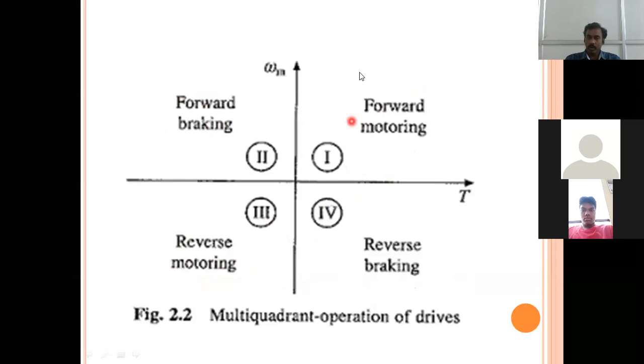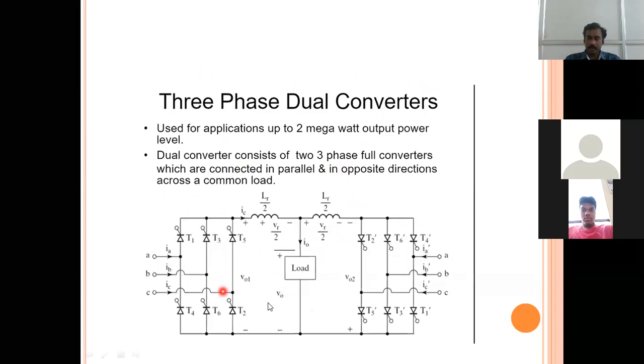These two, 1 and 4, are provided by converter 1, and 2 and 3 are provided by converter 2, which makes the operation that of a dual converter. This is simply related to the dual converter.